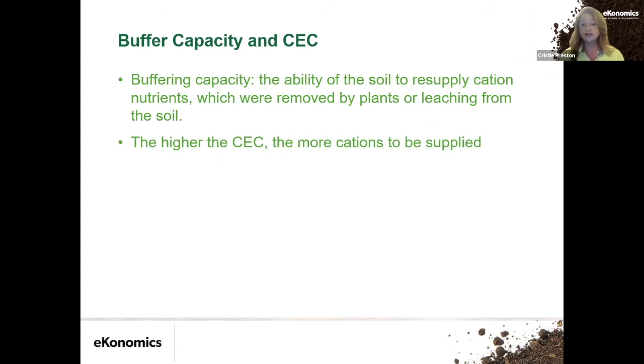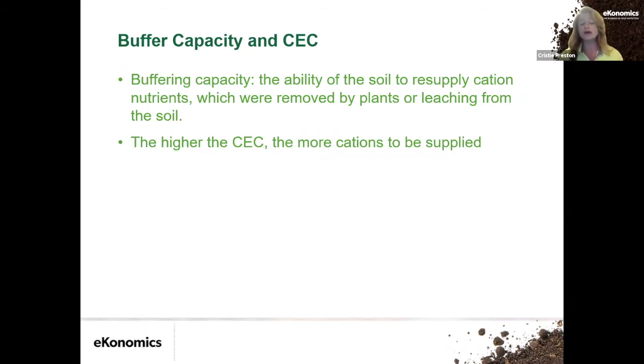So if a soil has a low CEC, which means it's not holding on to those cations like it properly should, they can potentially leach from the soil profile if an application is made. I keep coming back to potassium as an example, because CEC has been found to directly affect potassium management in a lot of our farming systems.